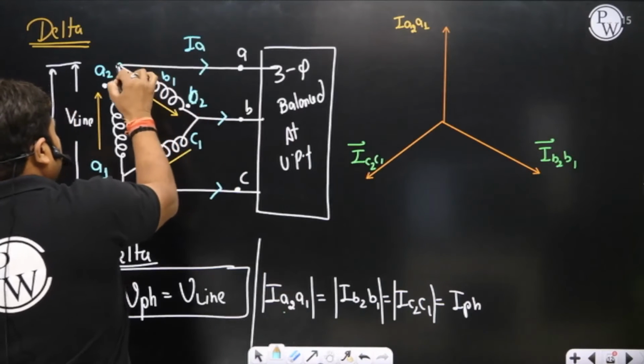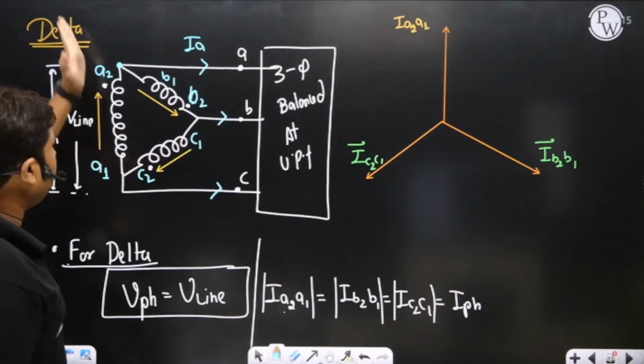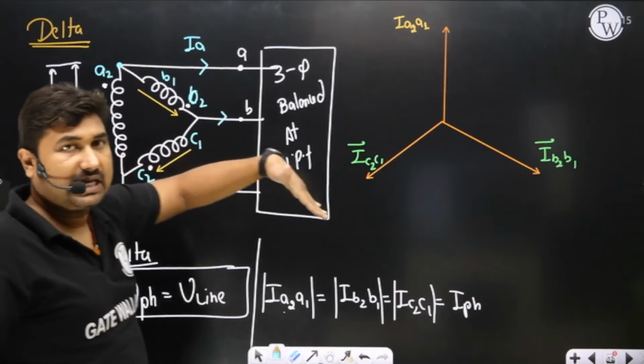Further, what is the value of IA? It can be clearly observed by KCL at this point that the current coming in is IA2A1 and the current going out is IB2B1.